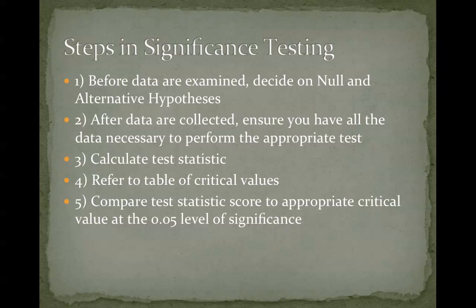So 0.05, to refresh your memory, is the significance level at which the p-value, the probability level, which is something we're always trying to get in a statistical test, is either less than 0.05 or greater than 0.05. If it's less than 0.05, then we have a significant finding. It's sort of like the holy grail in all statistics.